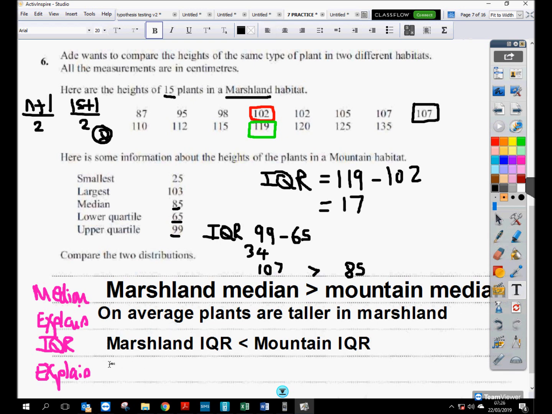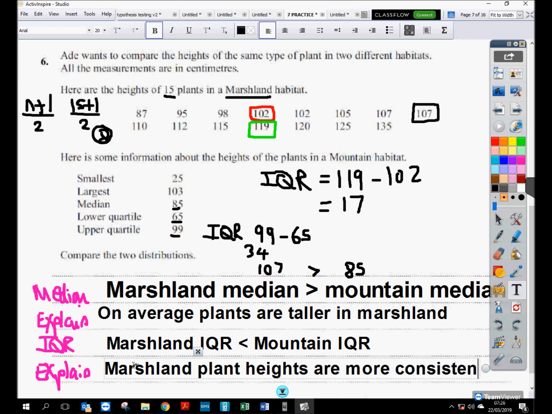Okay, and what does that mean? Well, the smaller the IQR, the more consistent the data. So marshland plant heights are more consistent.